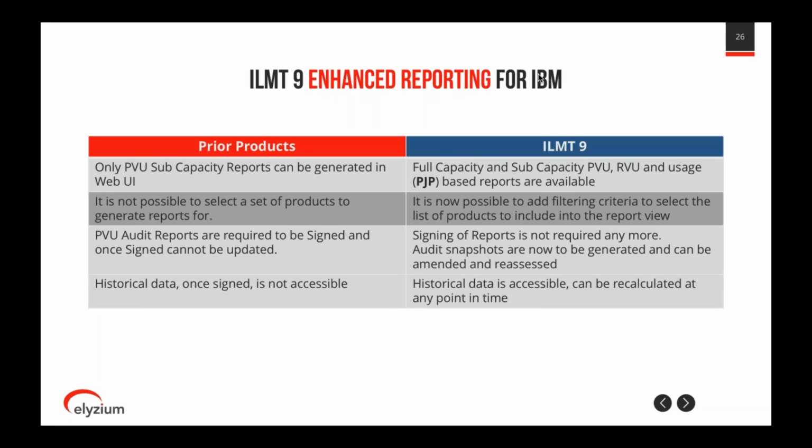As IBM releases new versions of any product, one of the things it has to do now is produce usage reports. So if, for example, IBM Domino is released and it's based on the number of users, then the new version will have internally a mechanism where it will create a software tag file that's consumable by ILMT.